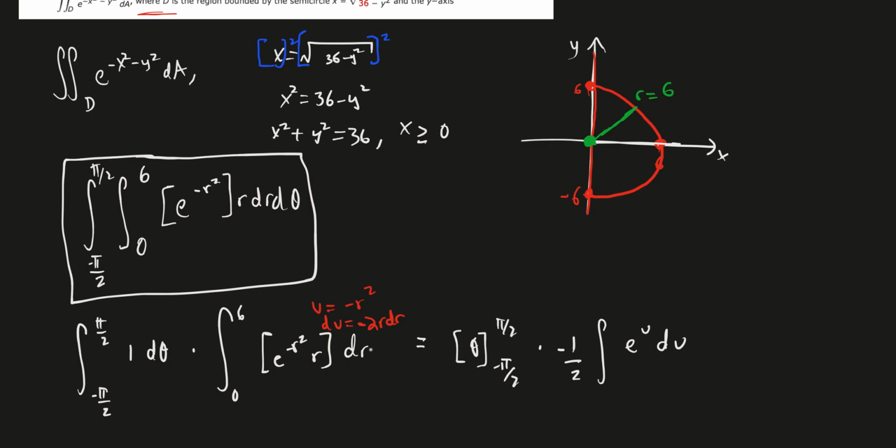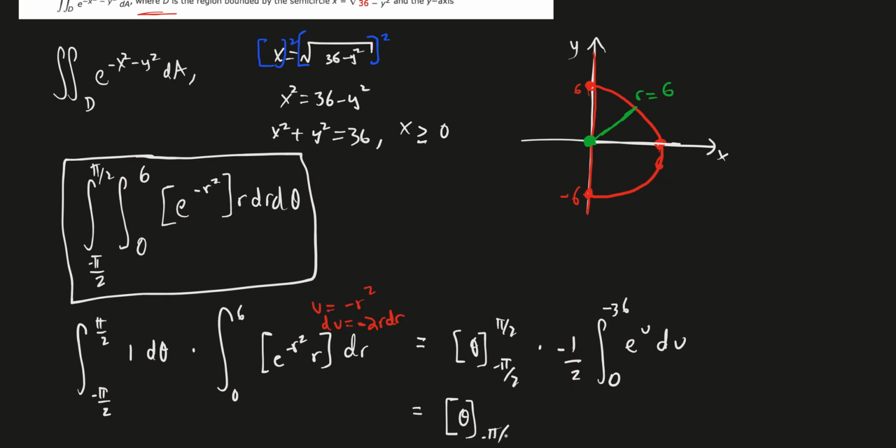And then 0 to 6, so we just have 0 down here, and then 6 will become negative 36, because 6 squared is 36, and then negative. You might be thinking, how does this make sense? The bottom one is greater than the top bound. It does make sense because we can switch these two and make this negative into a positive.